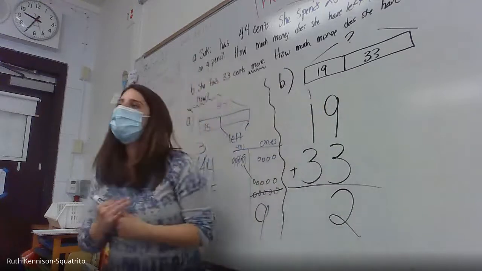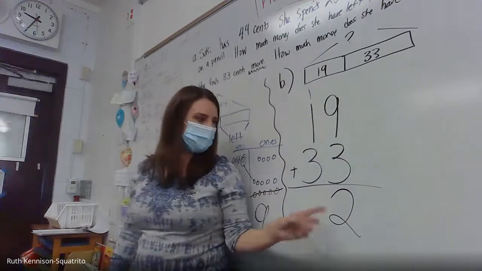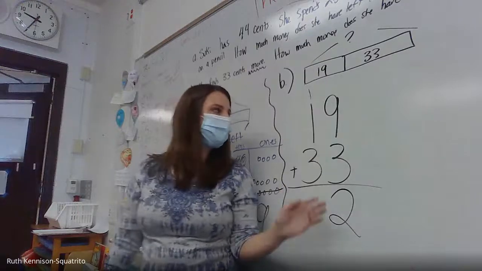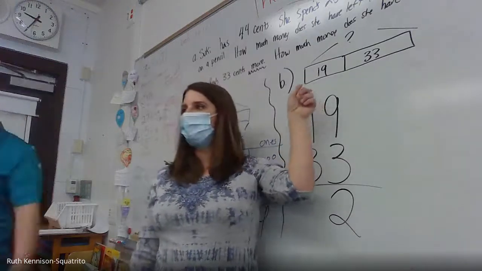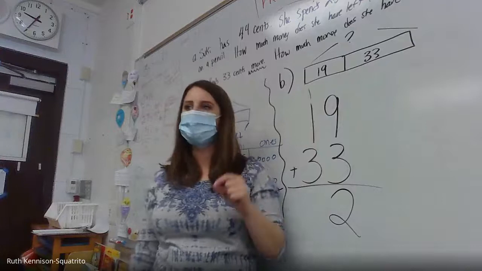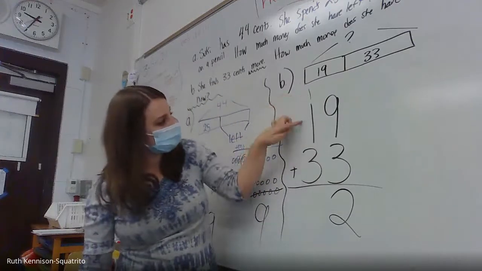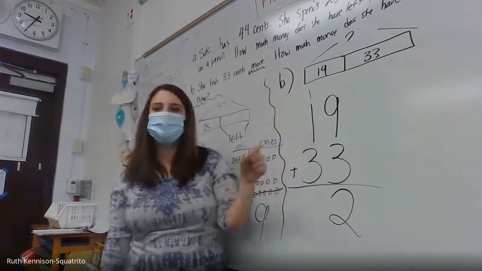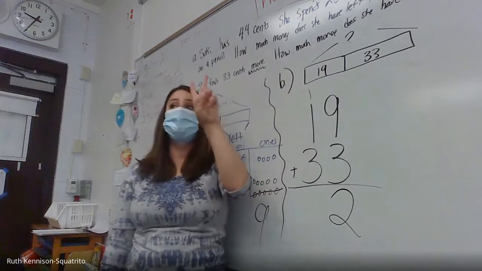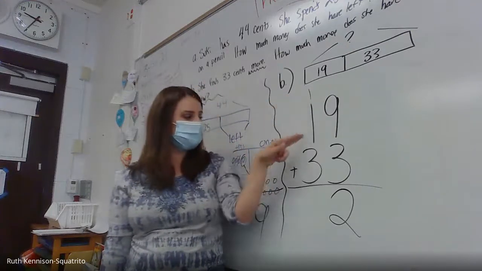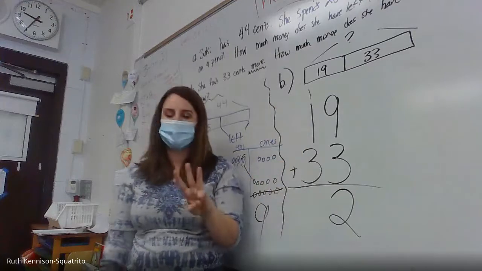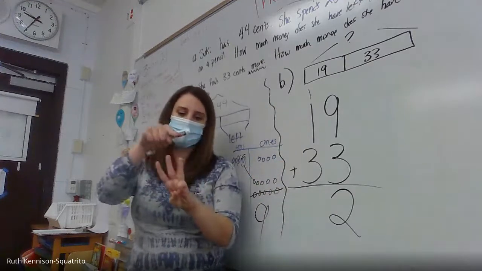And don't forget, when we add and we get more than 10, we've got to carry that 10 up top to the tens column. So now we don't just have 1 plus 3, we've got 1 plus 1 plus 3. So 1 plus 1 is 2. Now 2 plus 3: 2, 3, 4, 5.